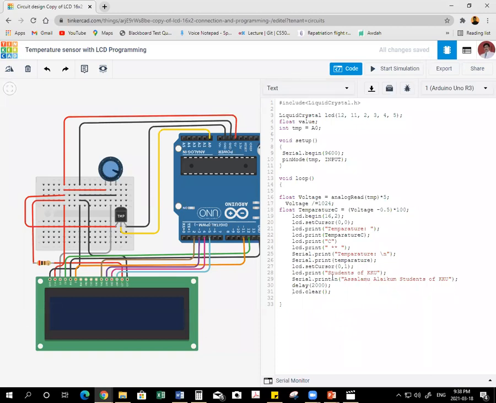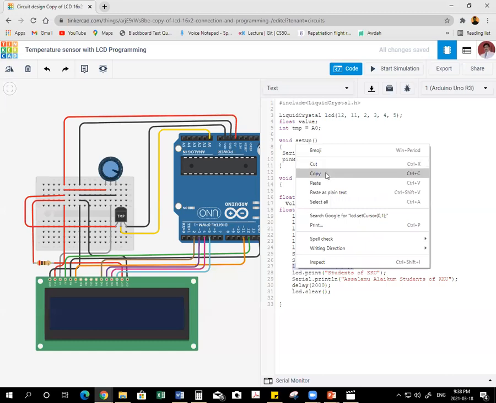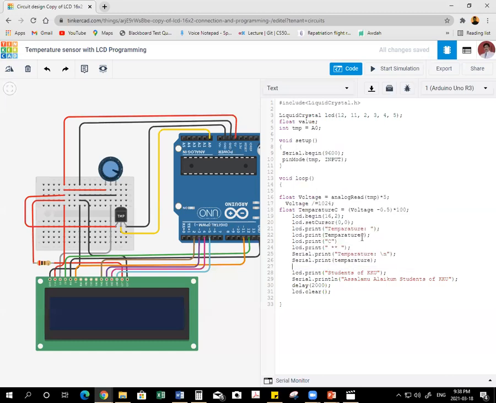Delay, everything is okay. Now something is wrong. Yeah. Temperature. Yeah, this, it has to go here. Cut. After this, the temperature is already printed in the LCD.